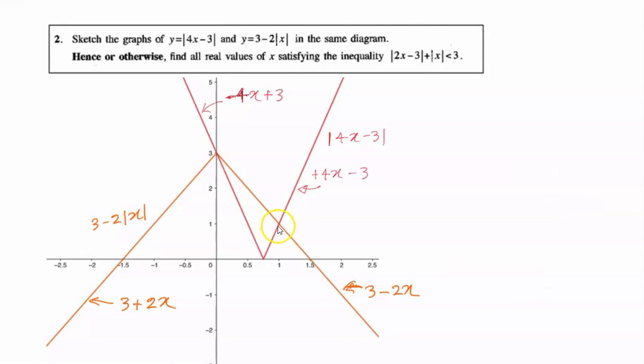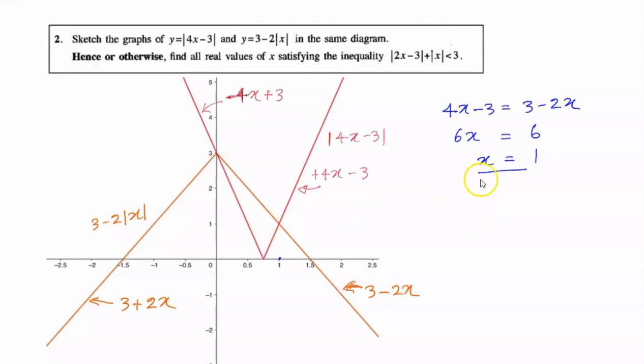To find the intersection shown here, I'm going to use this as we discussed. So my work is to equate 4x minus 3 to 3 minus 2x. And that is a simple one to work with. So you get 6x equal to 6, giving us x equal 1. And at x equal 1, as you can see here, x equal 1 gives us that intersection. And that gives us y equals 1 as well.